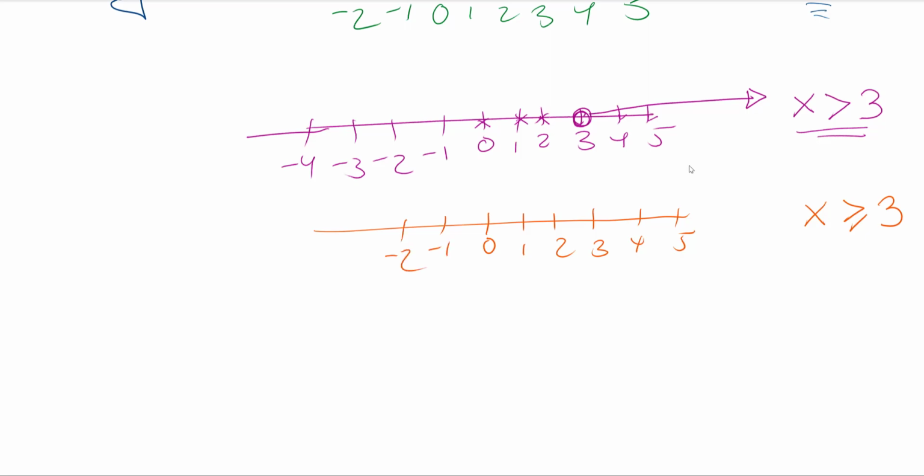Okay, so again we find 3. This time we have the larger or equal to symbol, so we fill our circle. It's a solid circle to signify the equality. And again, with an arrow, we show that we're looking at all the x's that are larger or equal to 3. So anything larger than 3 will satisfy this inequality.